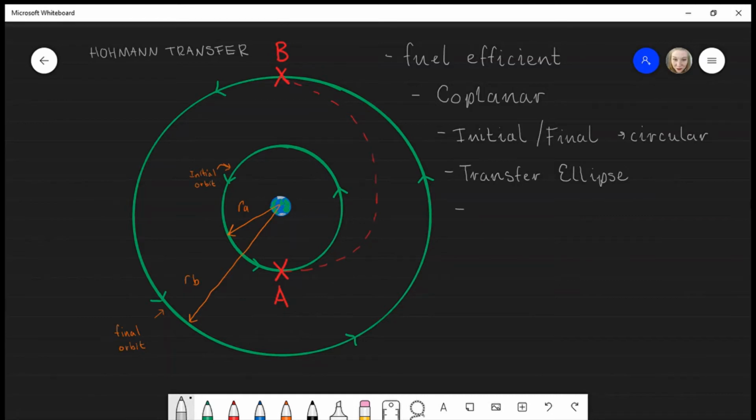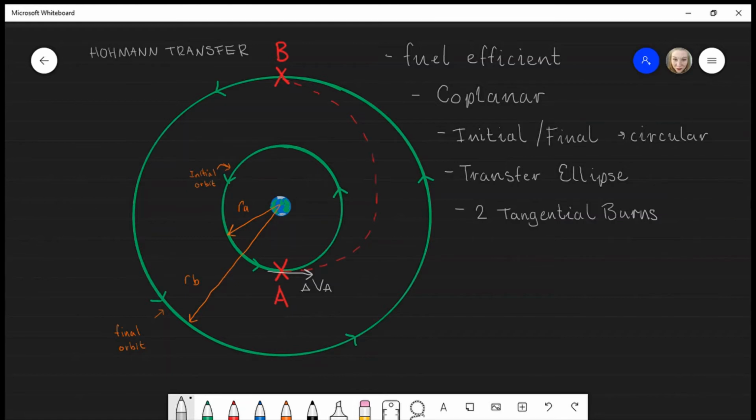The Hohmann transfer has 2 burns. These are both tangential. The first burn occurs at point A. It's tangential to the initial orbit, and there is a change in velocity, or an increase in velocity, that gets from the initial orbit onto the transfer ellipse orbit.